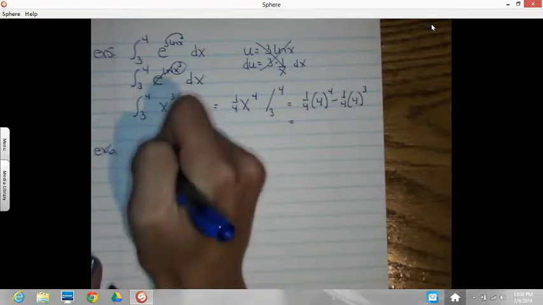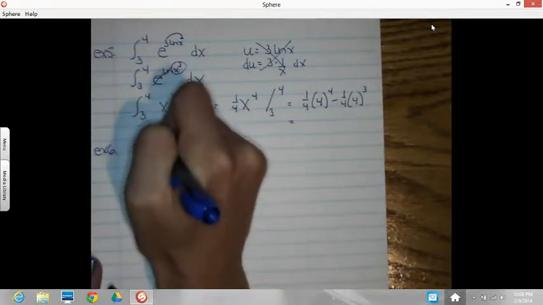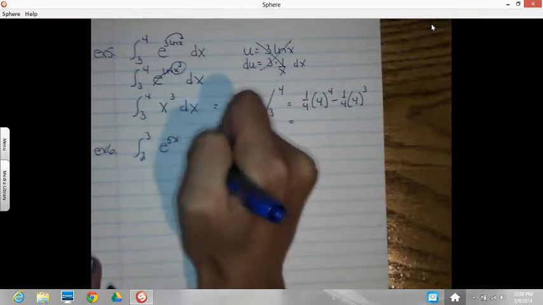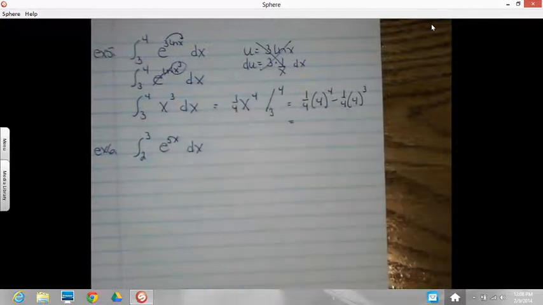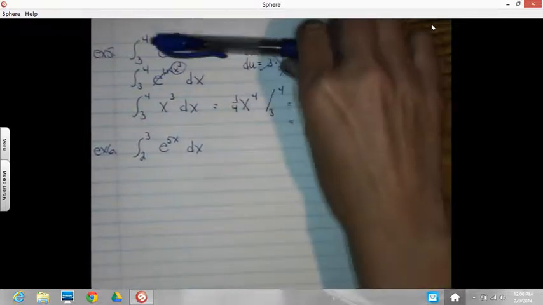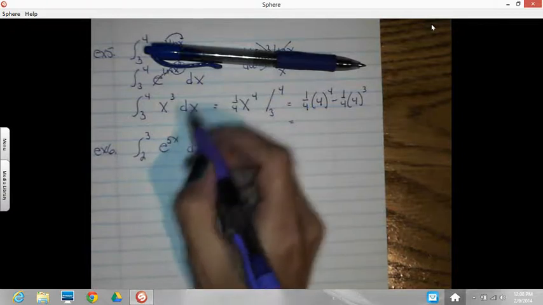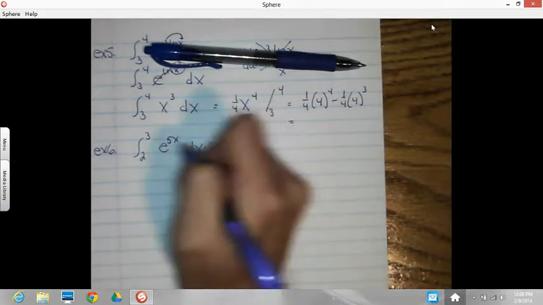The integral from 2 to 3 of e to the 5x. Okay, nothing tricky in this one like the last two, other than we're going to put the values in. Okay, integrating this, an e to the u. I need the derivative of this which is a 5. I need that here, which tells me 1.